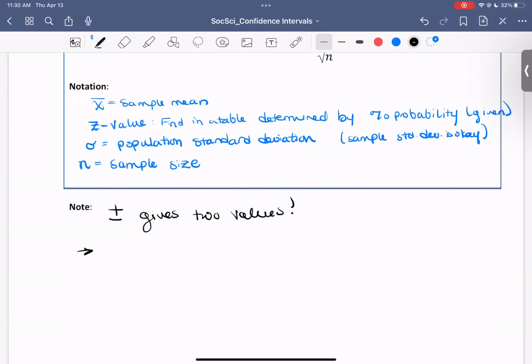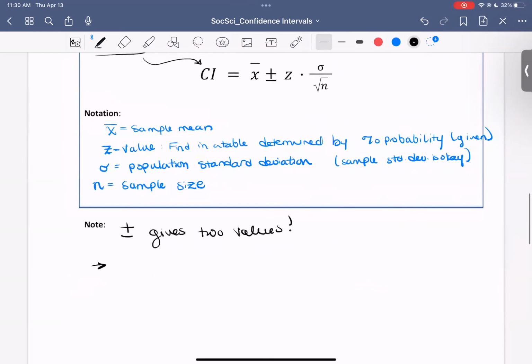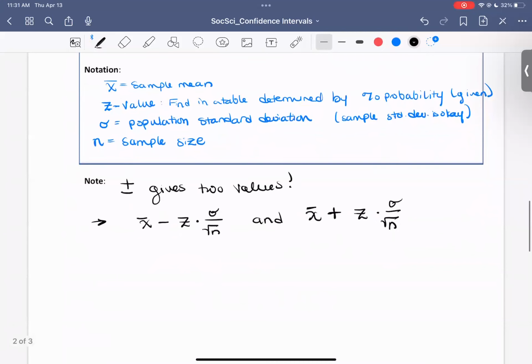So what do those values look like? Well, given our formula, they would look like X bar minus Z times sigma over root n, and X bar plus Z times sigma over root n. And with this formula, we can see this range start to emerge. Let's consider a number line here. What happens when we create this confidence interval is that our X bar is in the middle.